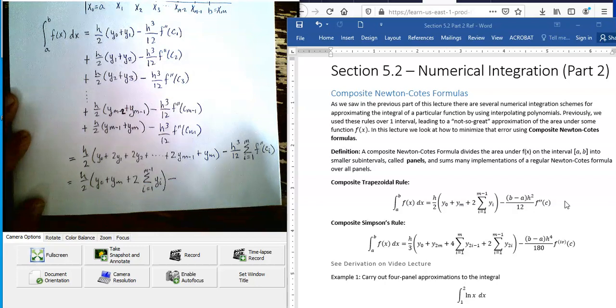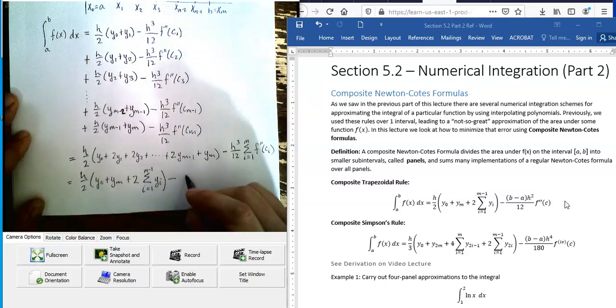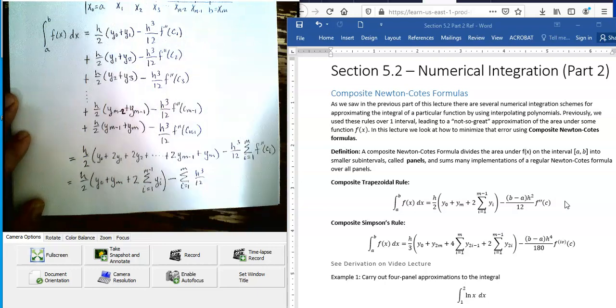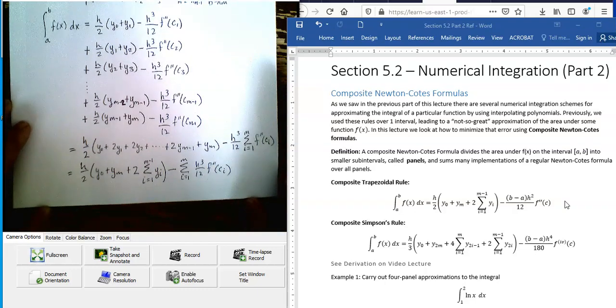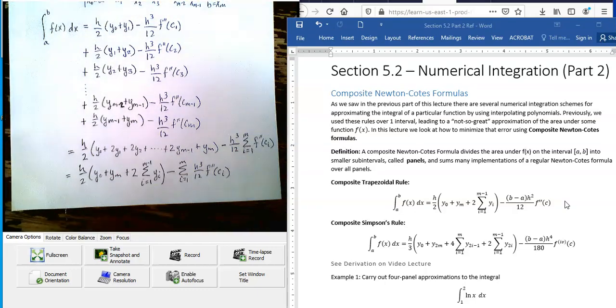Minus, actually I'm going to put this back inside here. So sigma i equals 1 to m of h cubed over 12 f double prime at c i. Okay. So you can see basically this portion of our formula is here, right?